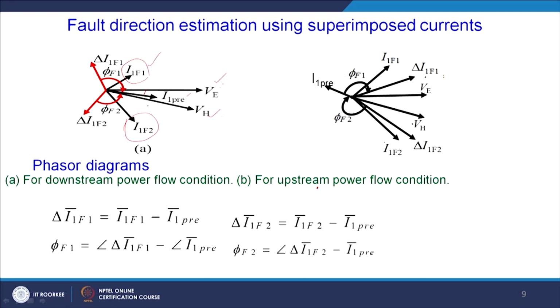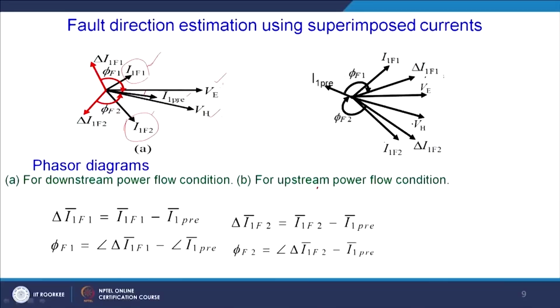By knowing these fault phasors, let us now calculate the superimposed component for fault F1. What will be the superimposed current phasor position? If this is the fault current position for F1 and this is the I1 pre position, then our delta I1 F1 will be like this.